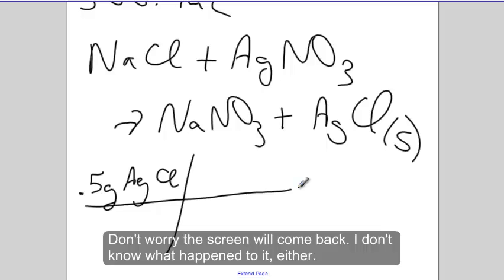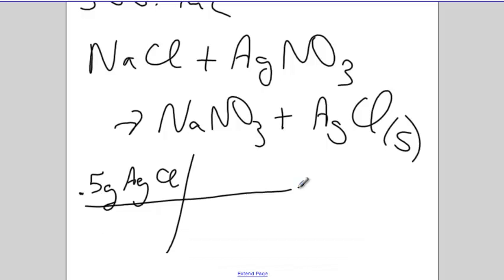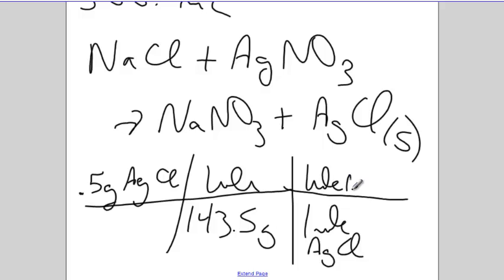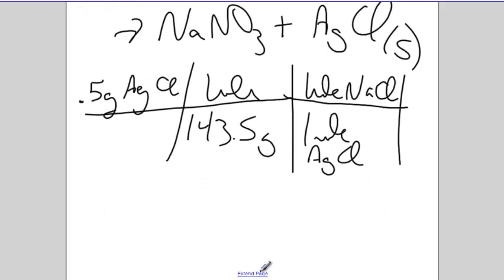Silver is 108. Chlorine is 35.5. So 108 plus 35.5 is 143.5 grams in a mole. That's all a 1-to-1 ratio. So for every 1 mole of AgCl, there's 1 mole of NaCl. We can actually stop right there.